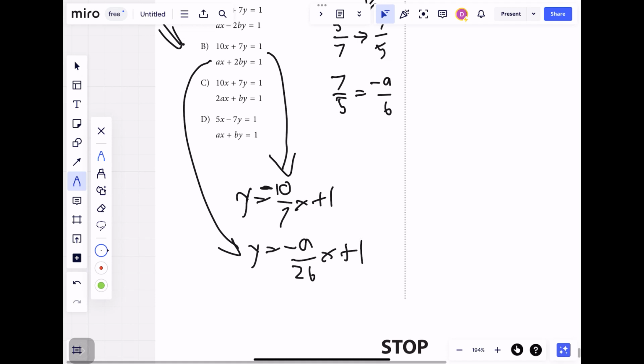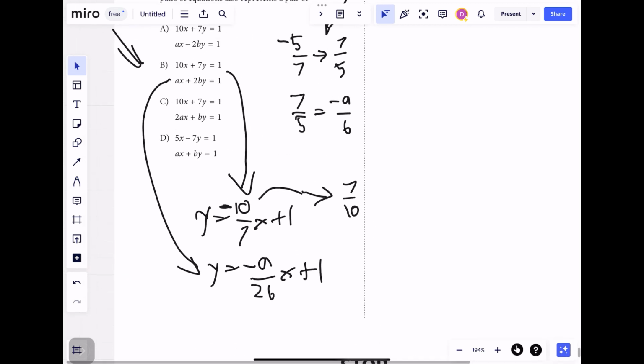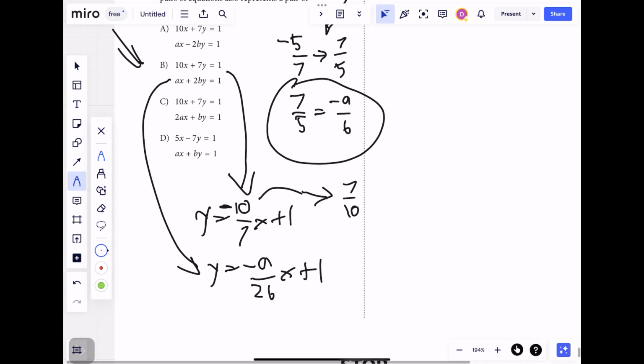Okay, so if we turn this into its perpendicular, then it's going to be 7 over 10. And since we know negative a over b is 7 over 5, the negative a over 2b is going to be 7 over 10. So these two match. The answer is B.